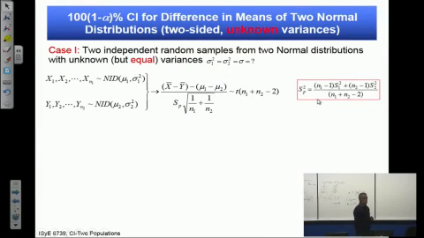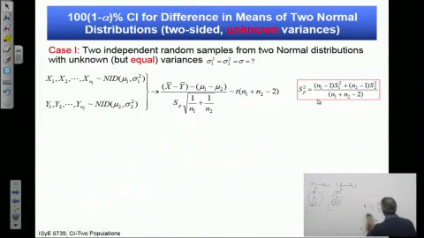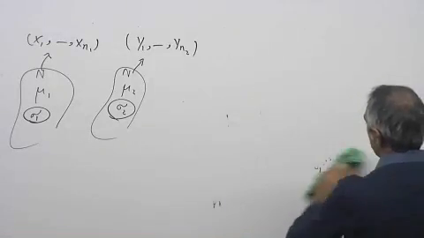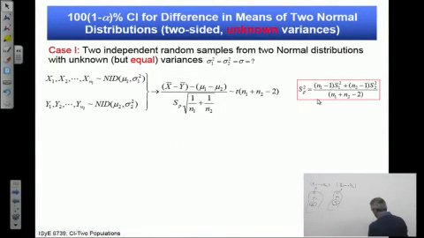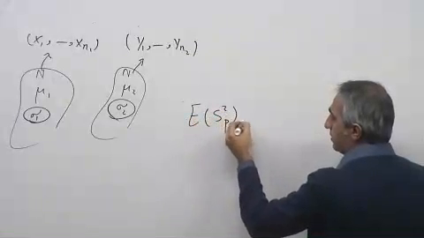Now we can show why we are using this pooled estimator. Previously, we couldn't. So I can show that this pooled estimator is unbiased. What is the expected value of S squared p?